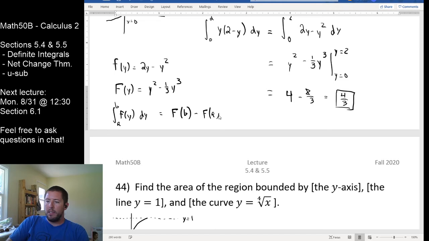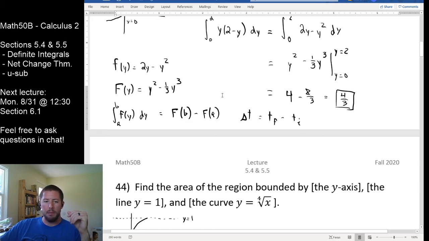The way that I keep track of this is that when we do things like delta t for delta time, that's always our time final minus our time initial. So it's always the antiderivative evaluated at the upper bound, which was 2, minus evaluated at the lower bound, which was 0 right there. So cool. Good question, Grave. I appreciate that. Keep those coming. Upper bound minus lower bound.